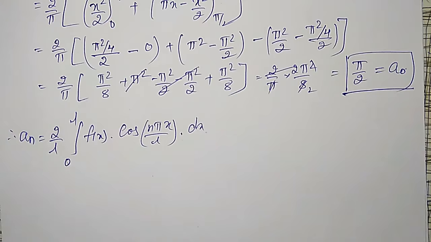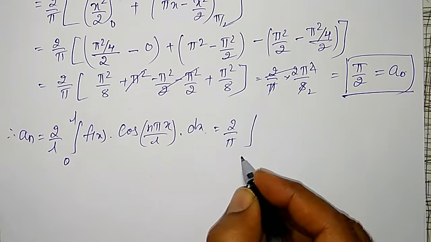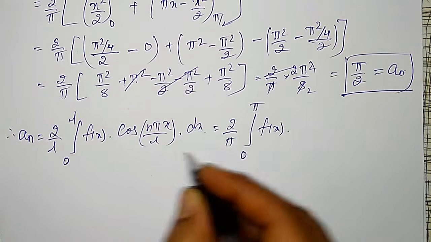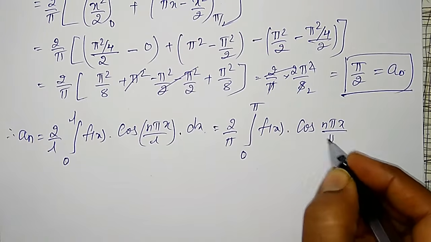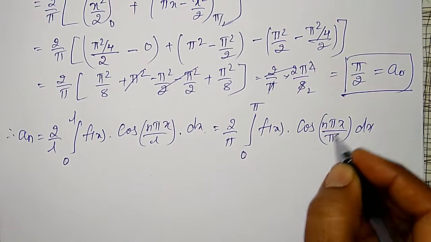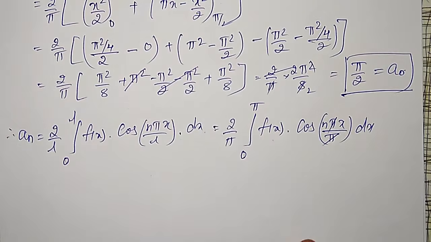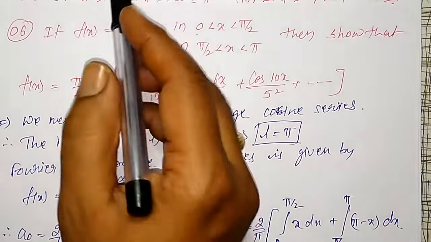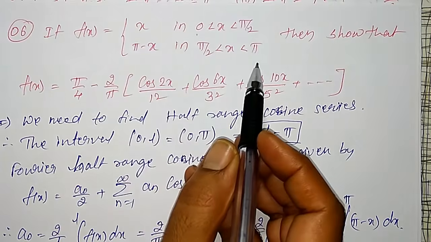But L is my pi, that is 2 by pi integration from 0 to pi f of x, I will keep as it is first, then cos of n pi x divided by L equal to pi dx, and here pi cancels. Now again from 0 to pi, f of x is defined in two different ways, that is x for 0 to pi by 2 and pi minus x for pi by 2 to pi.